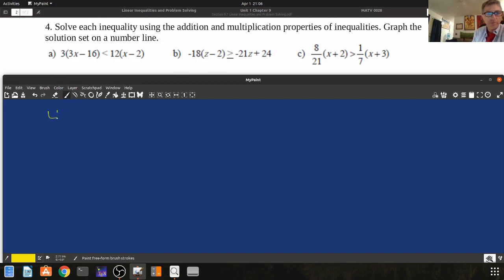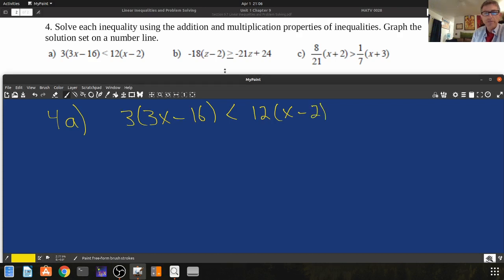So I'm on 4. I can make this go up one more. 4a. So it's 3 times 3x minus 16 is less than 12 times x minus 2. So let's get us some space here.